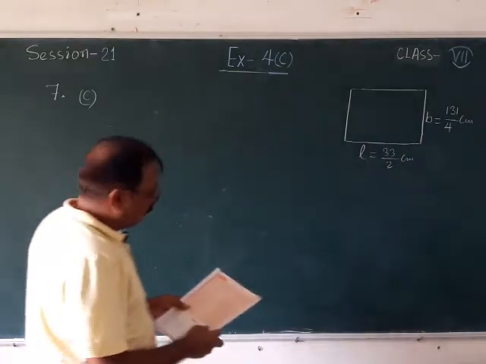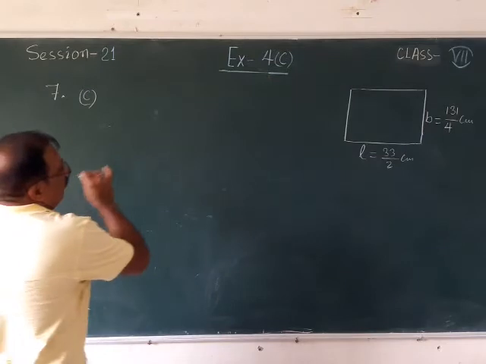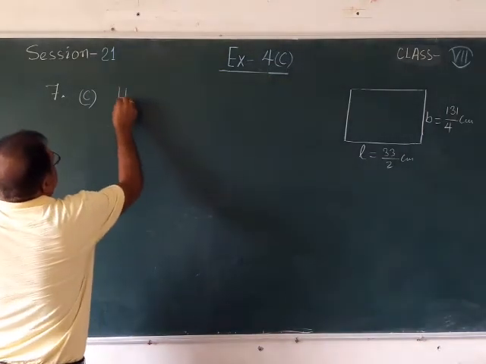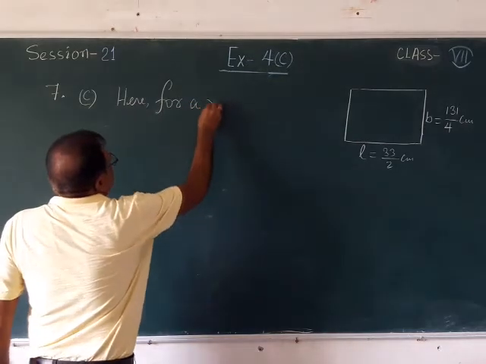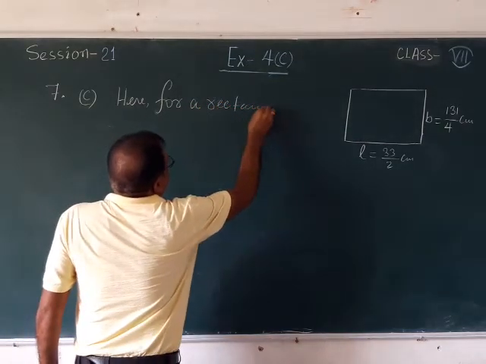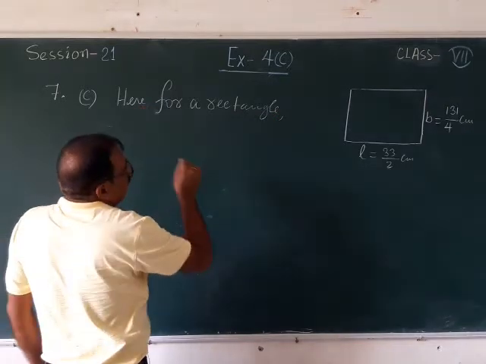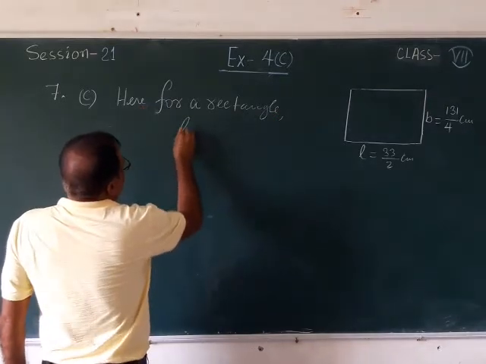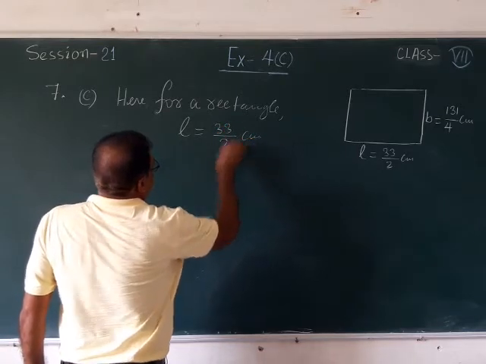So length and breadth both are given. You need to find its area. Here you will write, for a rectangle, what are the things given? Here for a rectangle, length is equal to 33 upon 2 centimeter.